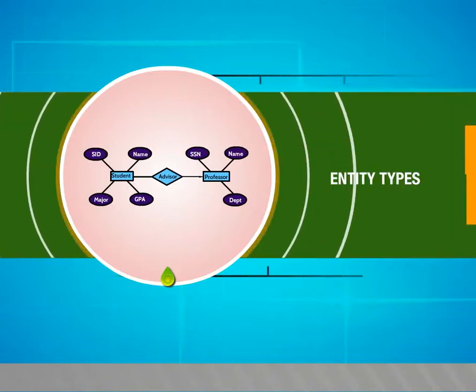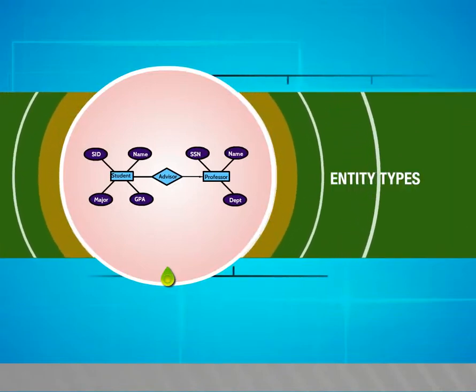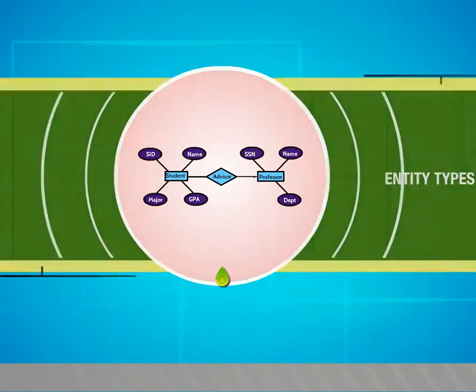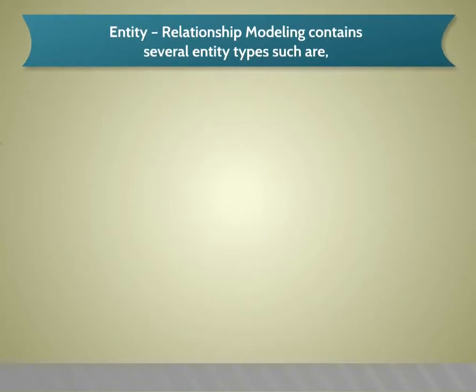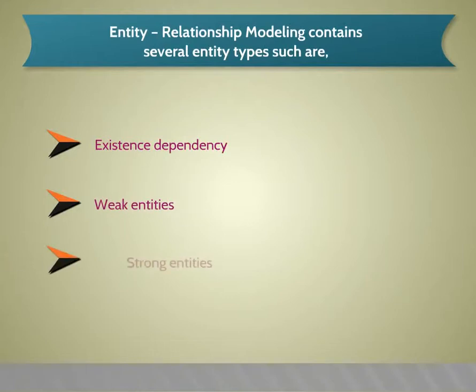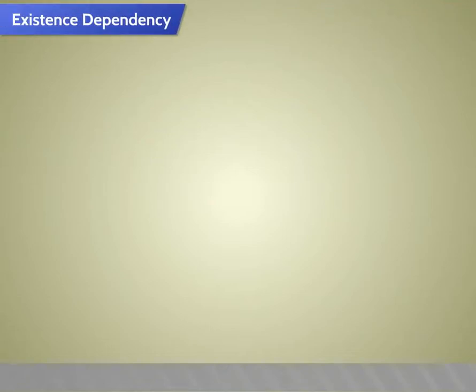Entity types. In this video, we are going to see about entity types. Entity relationship modeling contains several entity types such as existence dependency, weak entities, strong entities. Existence dependency.